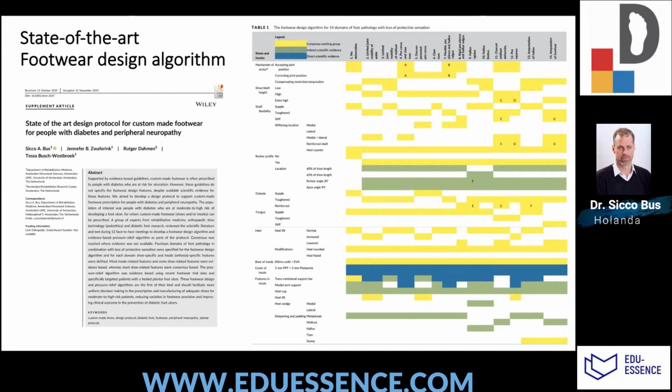The green and the blue cells represent designs for which we have either direct or indirect scientific evidence from studies on diabetic or non-diabetic subjects. And these are mainly for the insole and the rocker outsole, for which we have most evidence. And the yellow elements, for which we have no scientific support and are still based on consensus agreement, mainly regard the upper of the shoe.